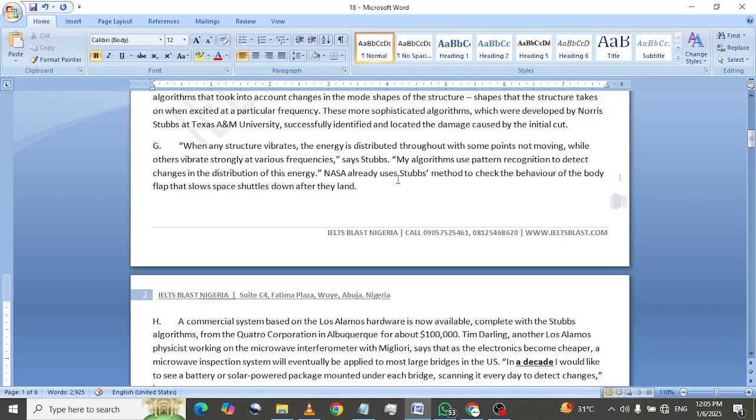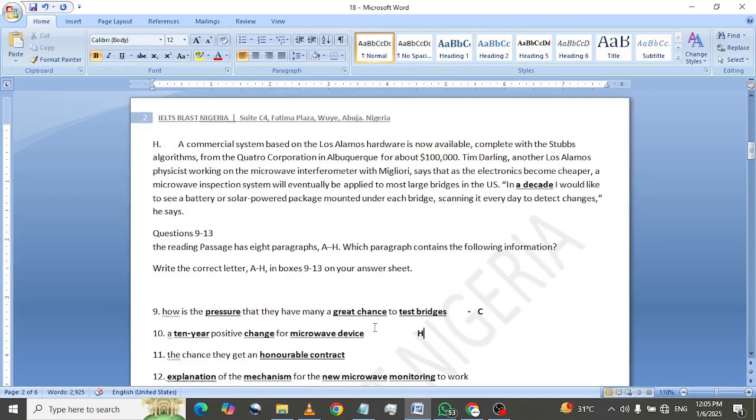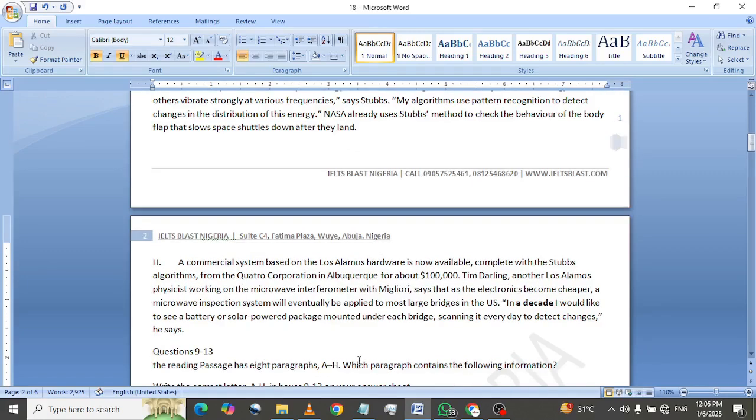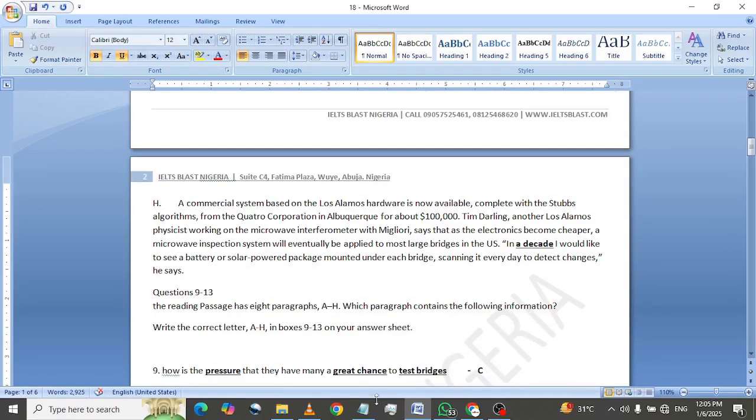So because they have used his method, it shows that the scientist is likely going to get the honorable contract, because NASA used his product. And because they use his product, there is a high tendency that the scientist will get an honorable contract. So if you look at this statement here, the answer here will be G.